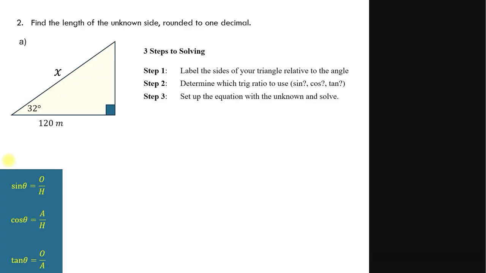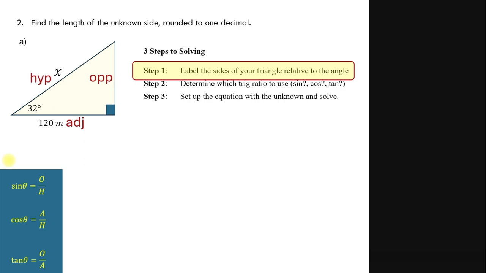Question 2. Find the length of the unknown side rounded to 1 decimal. Well, first we look at our reference angle, which is 32. So our labels will look like this. We want to determine which trig ratio to use, our sine, our cosine, or our tangent.